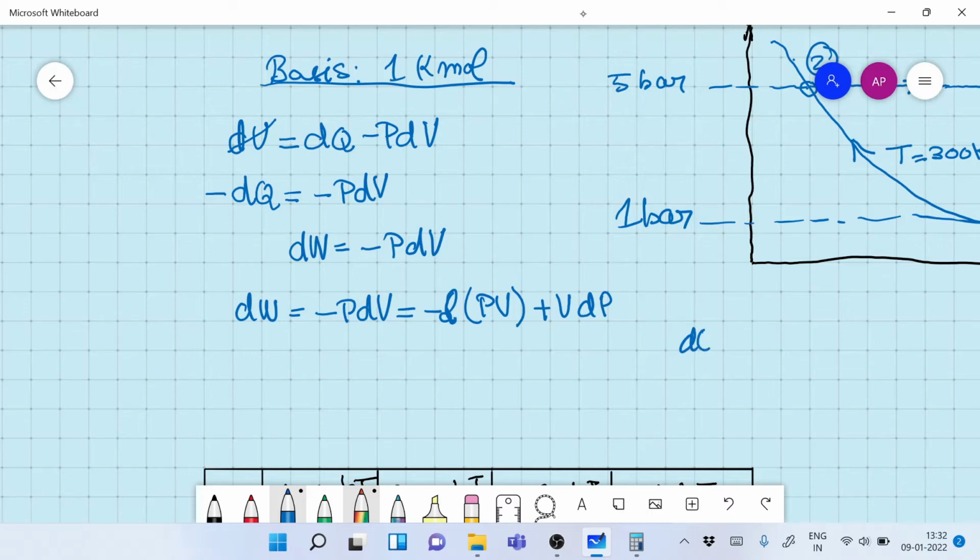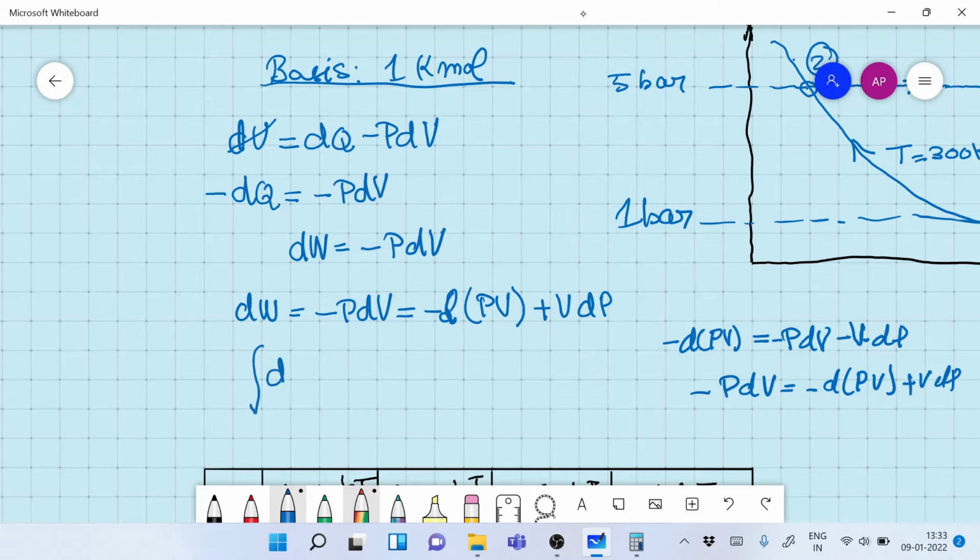That is because d(PV) is equal to P dV plus V dP. So we can write minus P dV is equal to minus d(PV) plus V dP. And that is what I have written here.